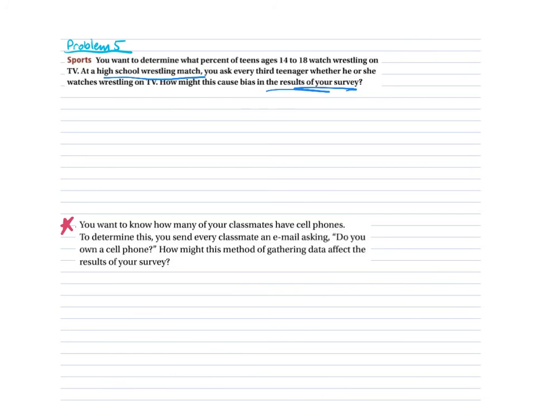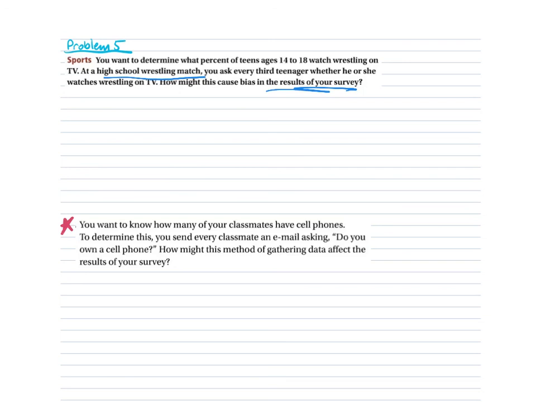And so this last example, you want to know how many of your classmates have cell phones. To determine this, you send every classmate an email asking, do you own a cell phone? How might this method of gathering data affect the results of your survey? Think about that for a second. And let's answer.